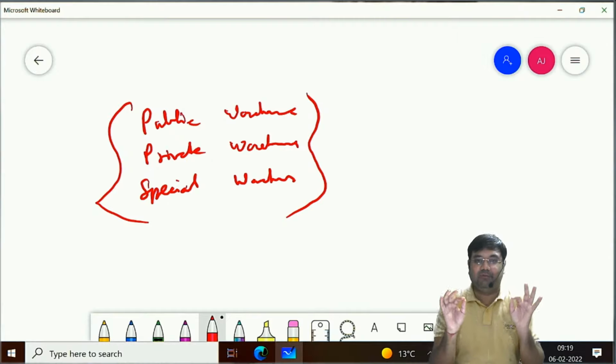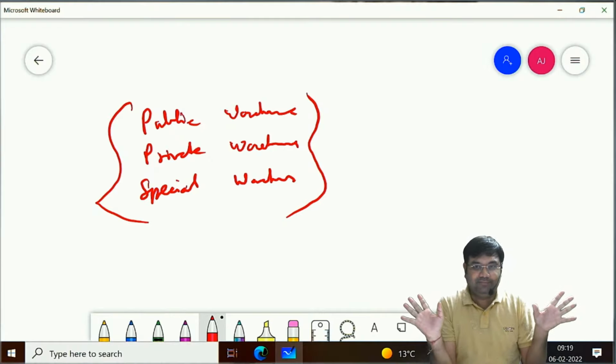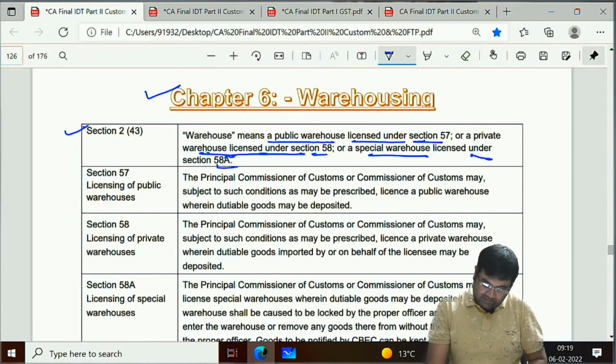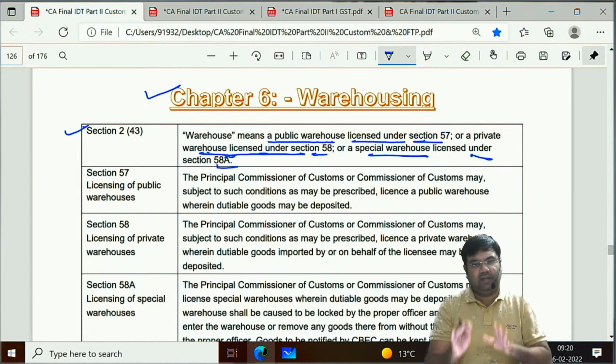Okay, and special warehouse for special types of goods which require more security. Those goods are special enough. So section 2 clause 43 basically just says that there are three types of warehouses which are going to be appointed. Basically appointed means licensed under section 57 or 58 or 58A. That's all.